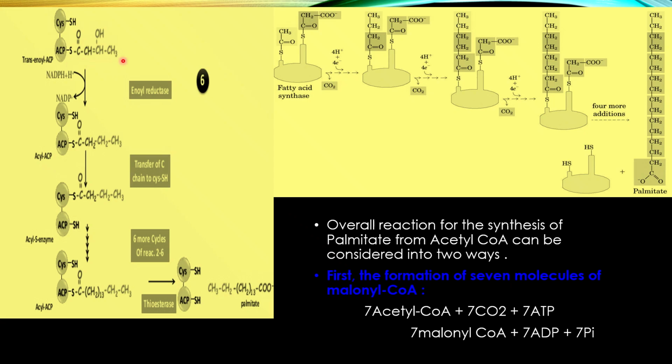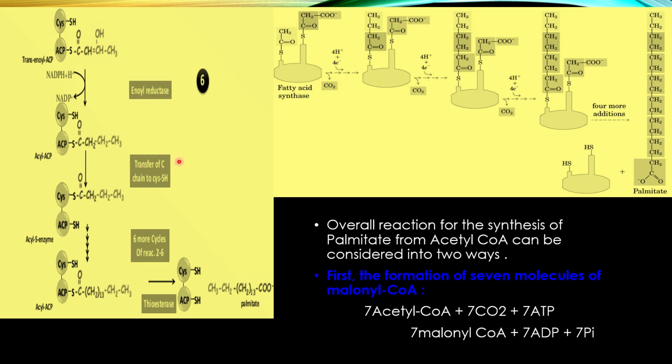Further, it undergoes reduction by enoyl reductase, ER enzyme of the reduction unit, and the NADPH is required here for reduction. So it converts to NADP, and this double bond is now reduced, and now it has become a saturated chain COCH2CH2CH2CH3. So this is known as acyl ACP.